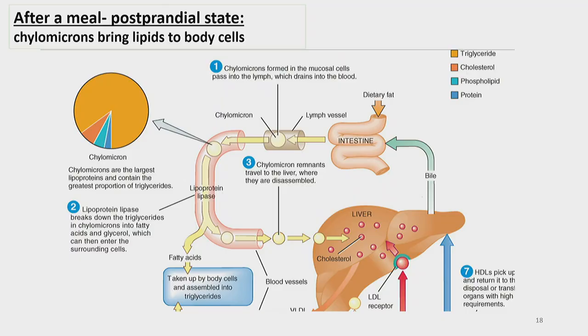Mainly, when we digest food, the main lipoprotein circulating in the blood is chylomicron. Right? When we have fat in the food, the main one is chylomicron, and lipoprotein lipase in the blood acts on the chylomicron to break down the triglyceride content to release the fat to the organs.